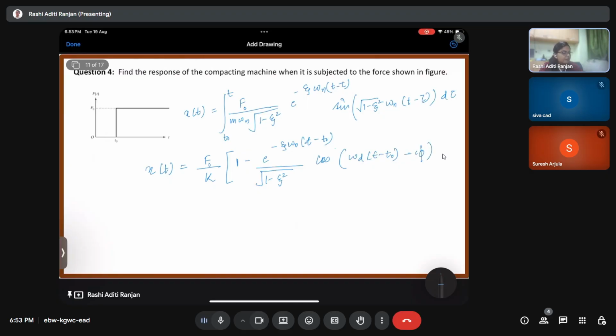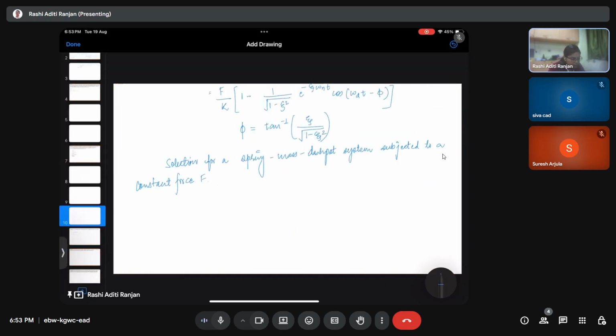The phi is going to have the same value as in the previous question. The only difference is that now t is being replaced by t minus t naught. We are going to get it from the integration, and you can check it after doing the integration on your own. Okay. Let me just check over here.